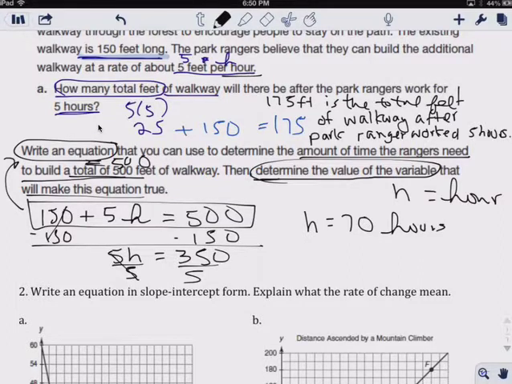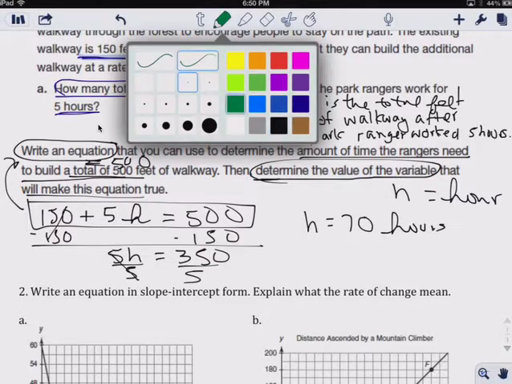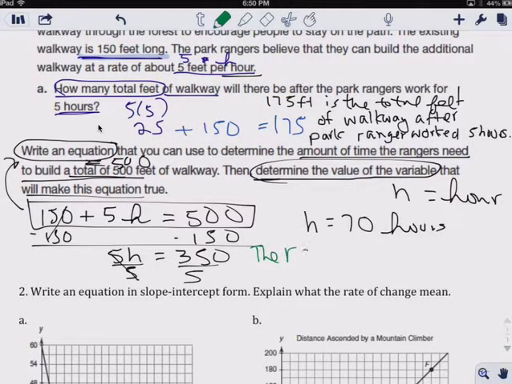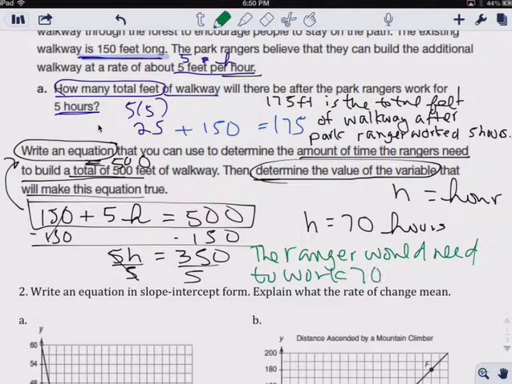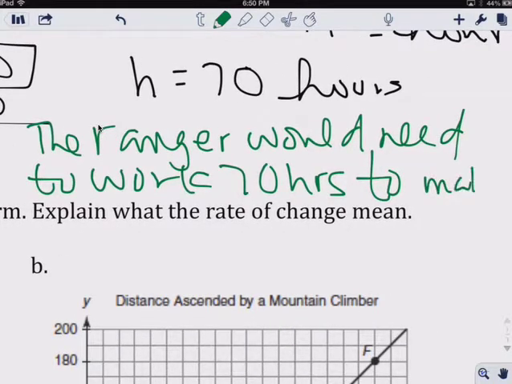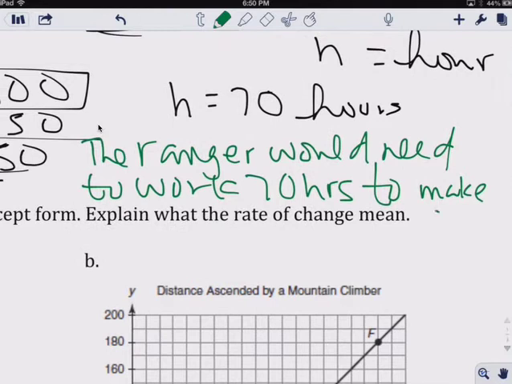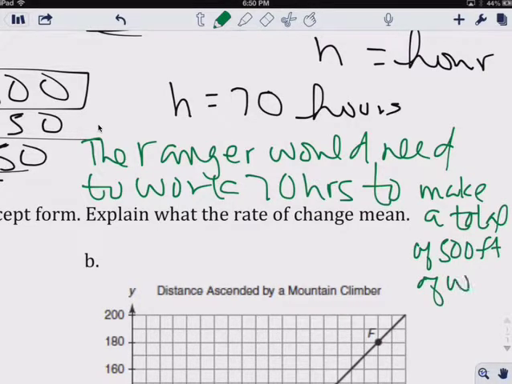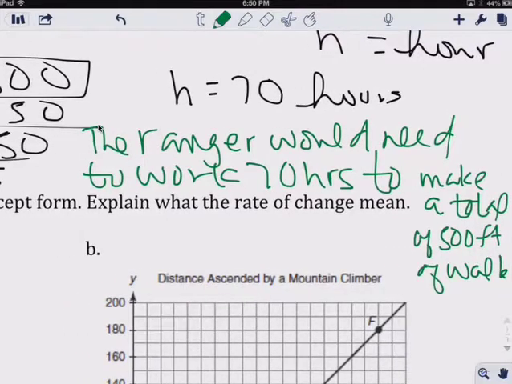So the ranger would need to work 70 hours to make a total of 500 feet of walkway. Okay, long walkway.